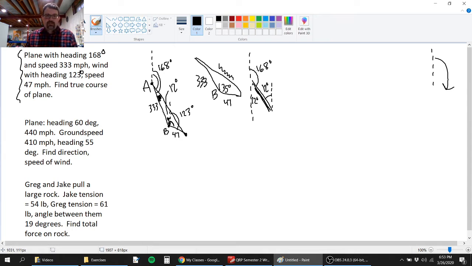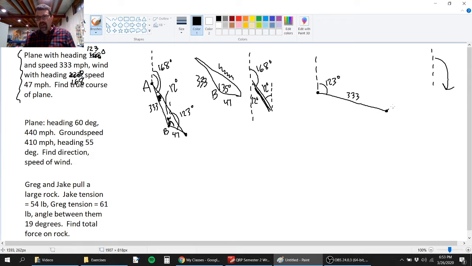All right. Now, if these were switched around, so slight modification, what if this was the 123 and this was the 168, right? How would that change? All right, well, dash line. Now the plane is pointing in the direction 123, so we get a long line there, 333, and this would be our 123 degrees.